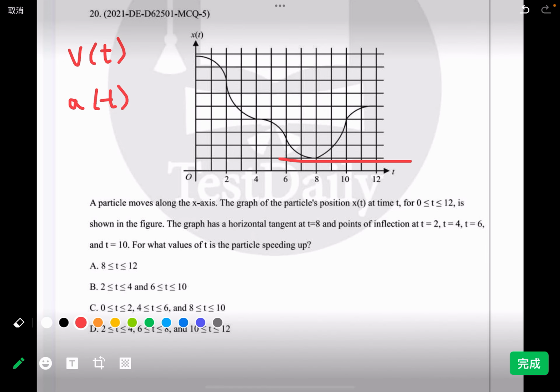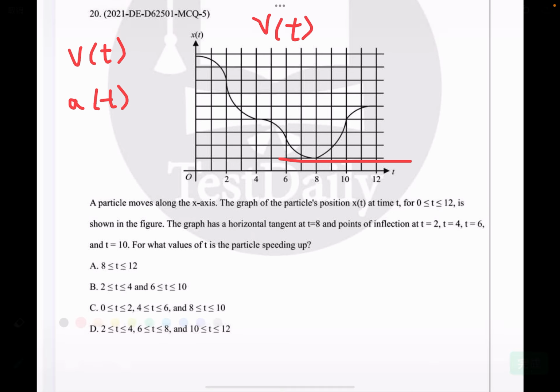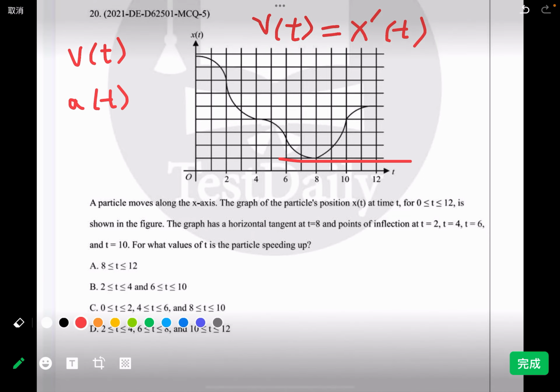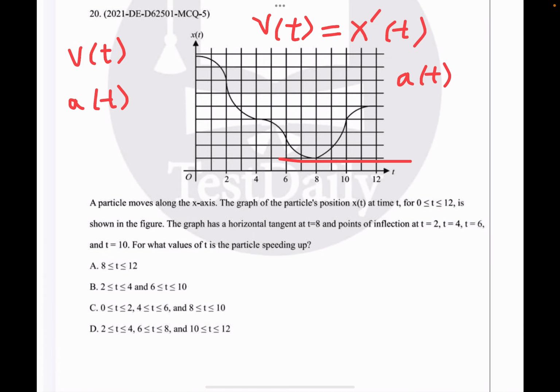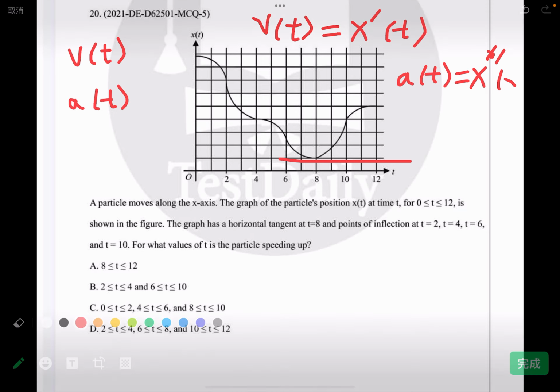And from previous lessons, we can understand that v, the velocity of the particle, equals the first derivative of position, and acceleration of the particle equals the second derivative of the position.